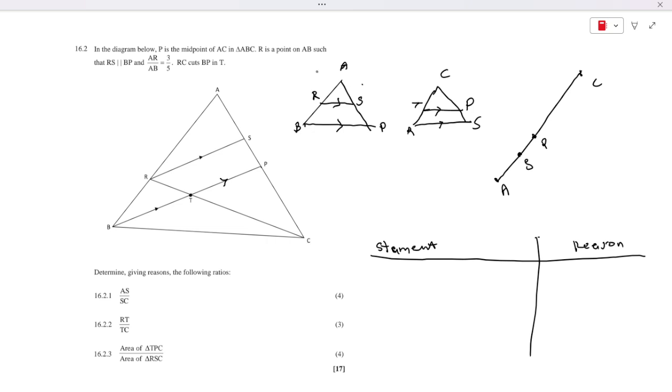We know that AR over AB, so I'm just going to write AR over AB. It's over here, AR over AB, okay? This is AR, so it's going with AS, just like that.